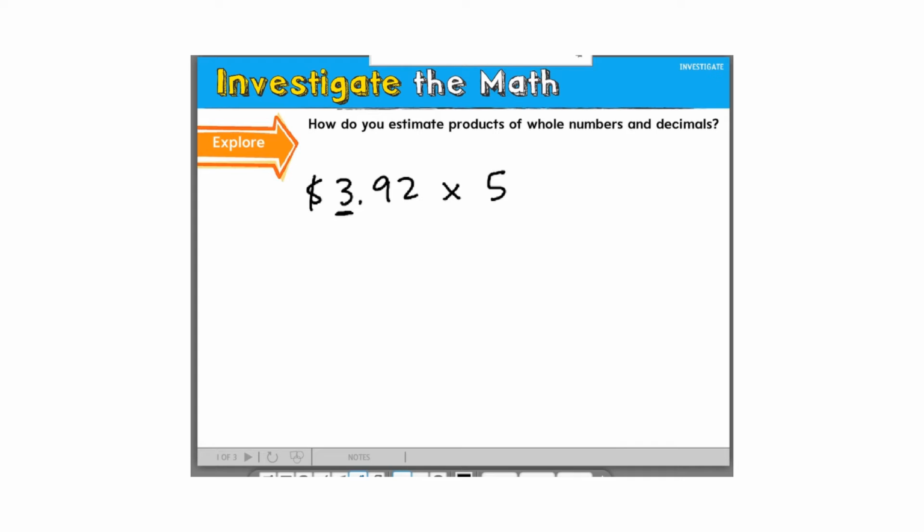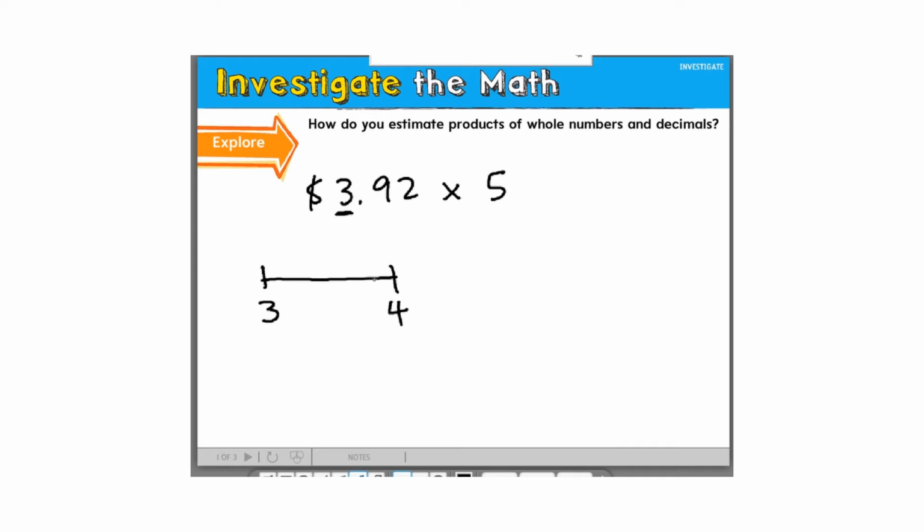So basically, your choices on our number line are going to be either 3 or 4. We're just going to look at the whole number first, and either the whole number is going to stay that, or it's going to bump up by 1 if it's closer to the next number. So that means I have 3 whole dollars, and then I have 92 cents of another dollar.